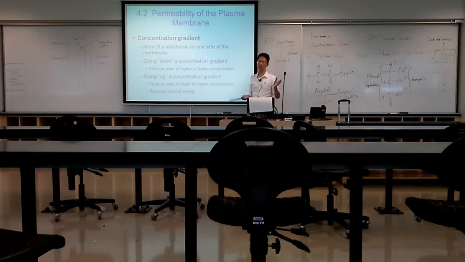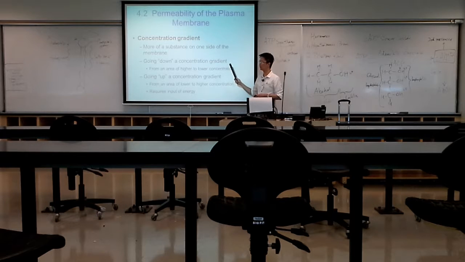It will establish something called a concentration gradient because of the differences of the concentration on opposite sides of the membrane. So when we say going down the concentration gradient, going down means the movement of a substance from an area of higher concentration to a lower concentration.